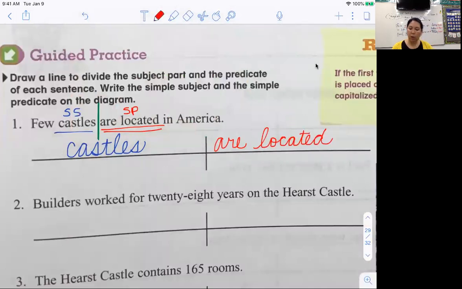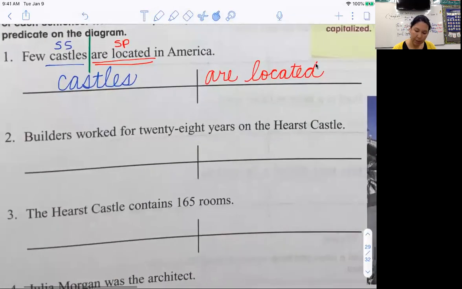Now remember, you may do cursive or print, but I want you to be neat with either one. If you need to pause the video because cursive takes a little bit longer, I'd rather you pause it and do the cursive than rush and do the printing. Okay, guys?